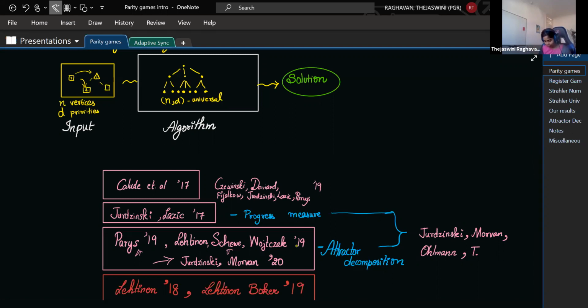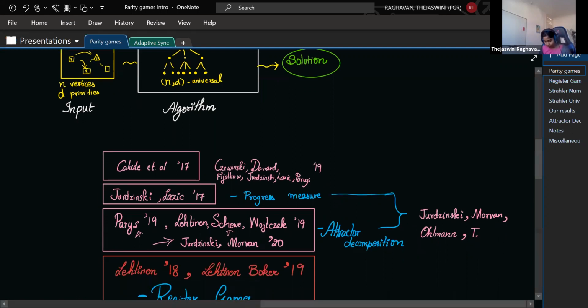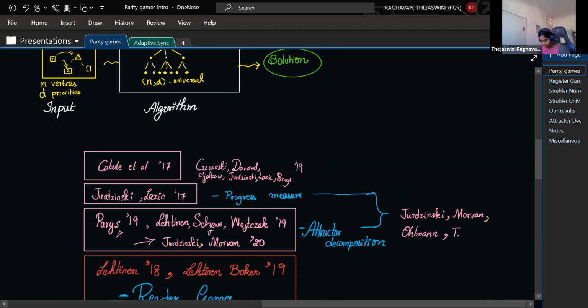But it was shown later on, in a paper by Jurdziński and Morvan, that you can actually generalize these two by taking as input a parity game and very fixed universal trees, and computing these attractors as dictated by these universal trees. So doing this was equivalent to that.